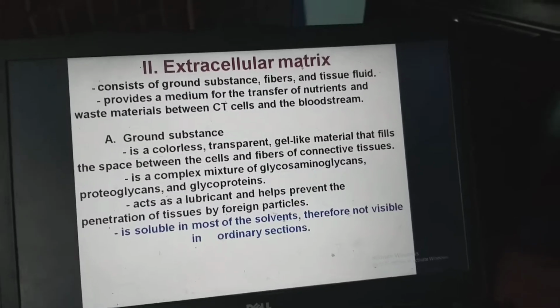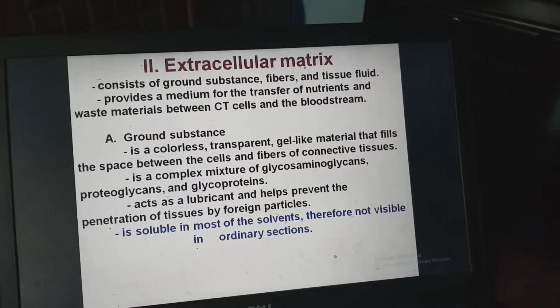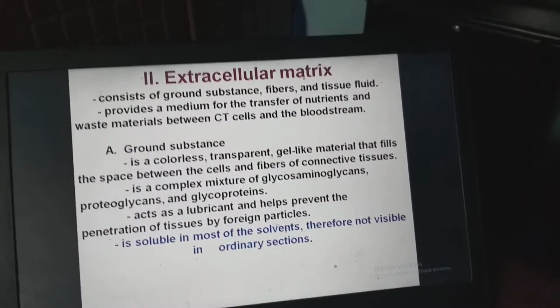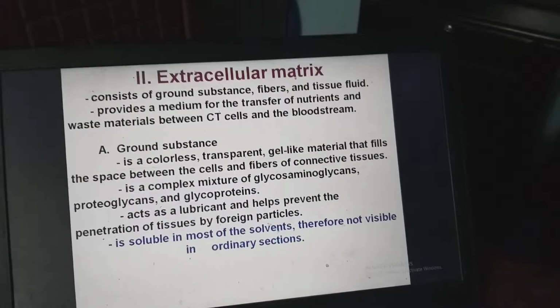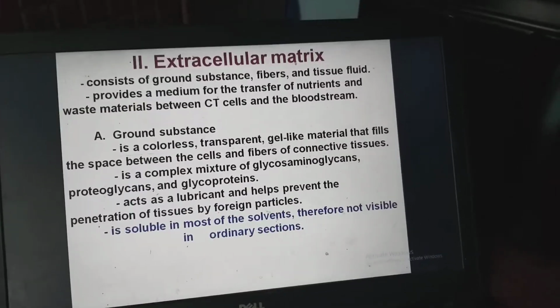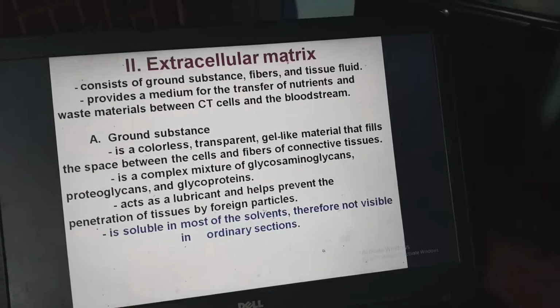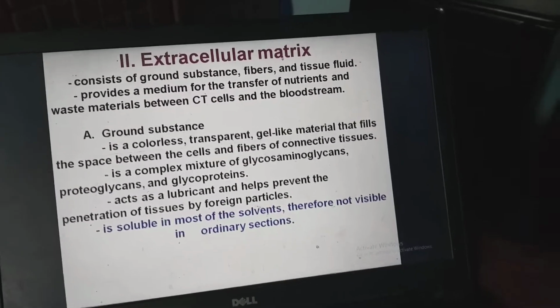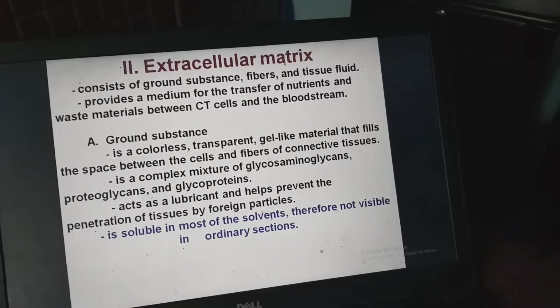What we have seen in epithelial tissues, their major characteristic is they are attached to each other, forming an uninterrupted layer. But here, cell to cell is not attached. Between cell and cell, there is a ground substance. Between cell and the fibers, there is a ground substance. The other, it is composed of, as we have said, glycosaminoglycans, GAG, proteoglycans, and the glycoproteins.